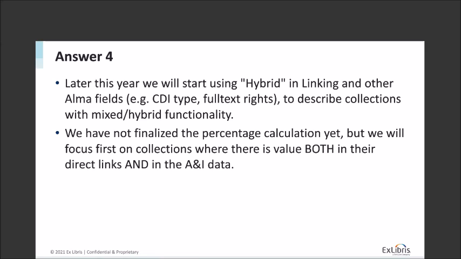And we will not use the hybrid functionality for collections that are actually ANI, but a really small portion of them does have direct links, or the other way around, full text collections where some of them do not have the links in the records. We will try to really find the collections that give value for the customers, and where the functionality will work the best for them.